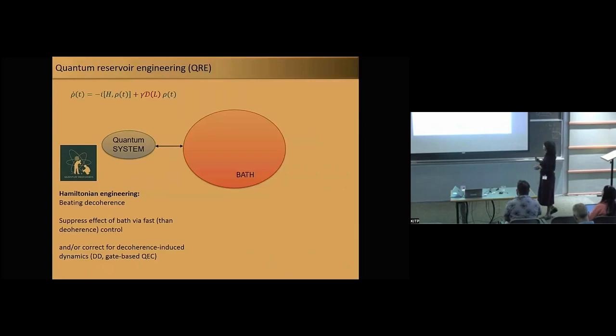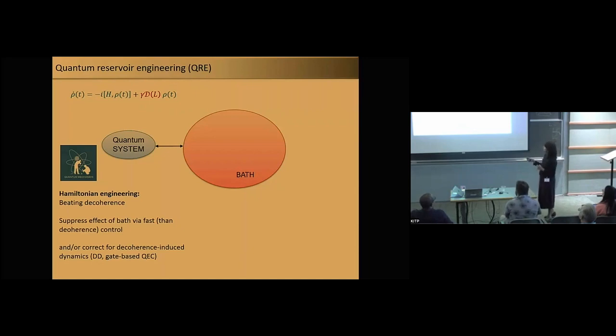So without further ado, let me first give you a very broad overview of the paradigm of quantum reservoir engineering. The idea is very simple actually. We all know that quantum systems are never really isolated. They are always talking to some uncontrolled degrees of freedom, uncontrolled either by design or by circumstance.